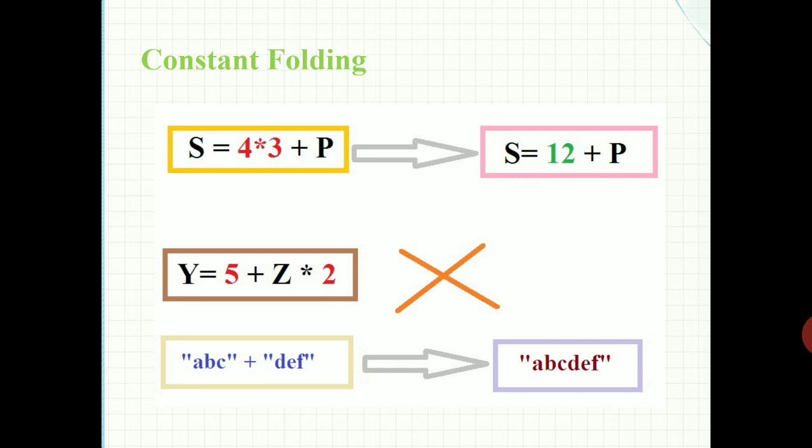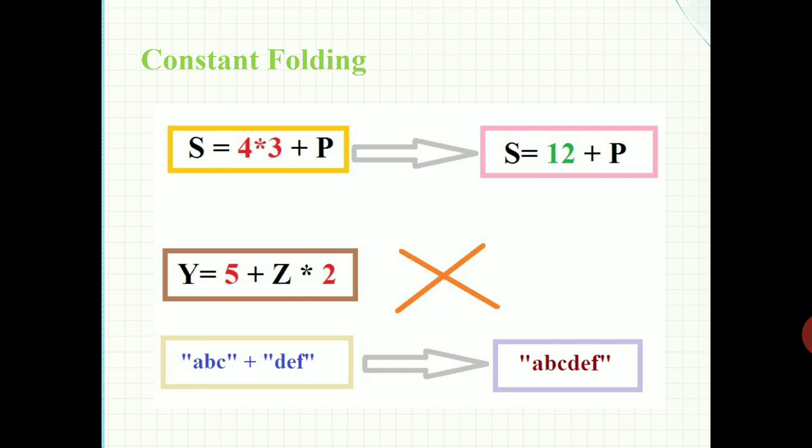Constant folding may apply to more than just numbers. We can also concatenate two strings to form a larger string. The strings are already defined, so we can replace them with the combined result.